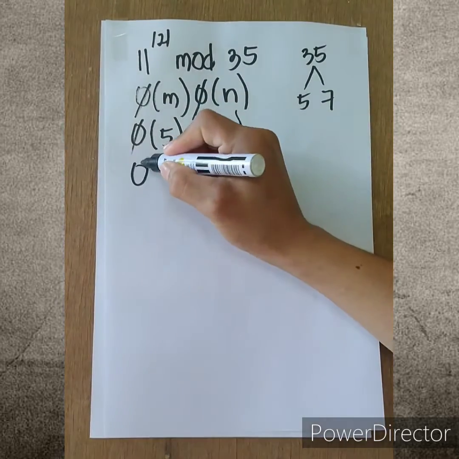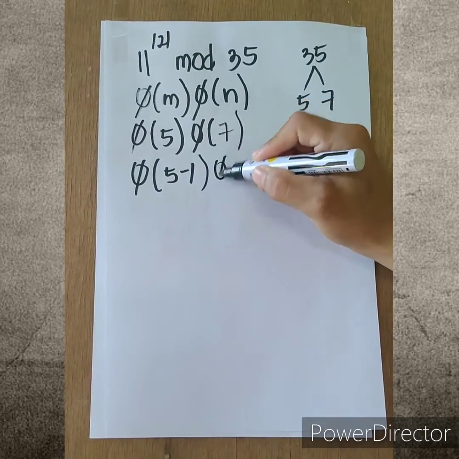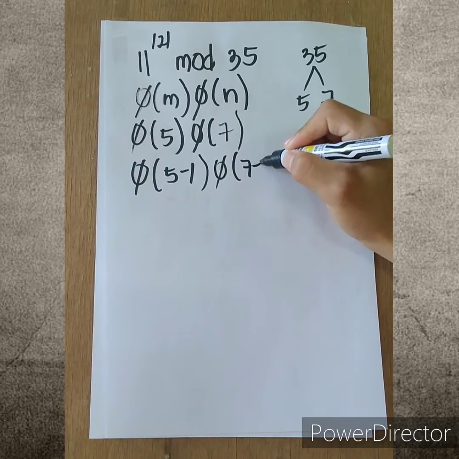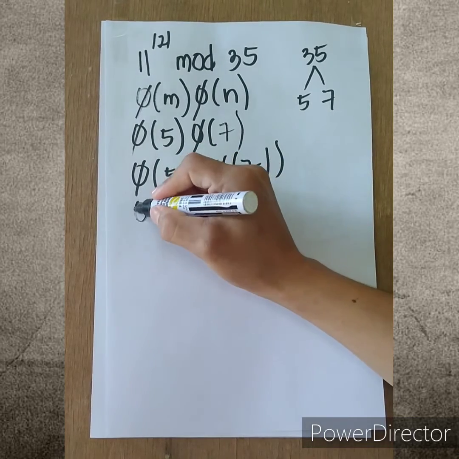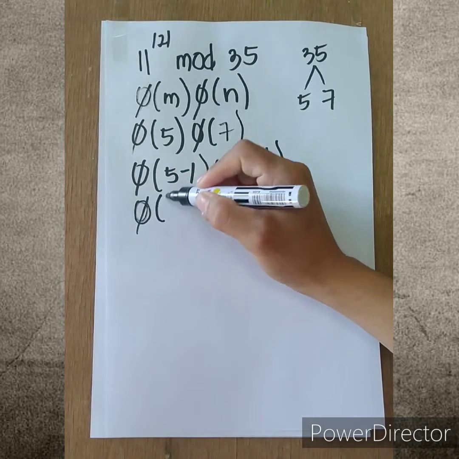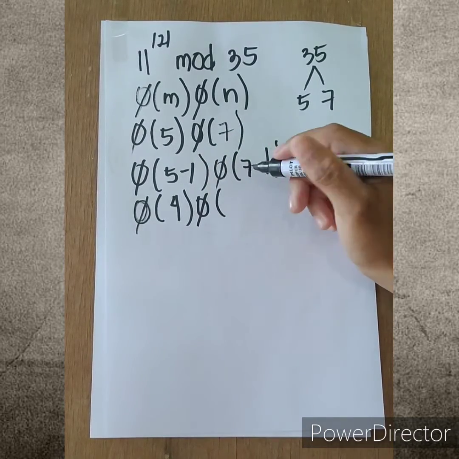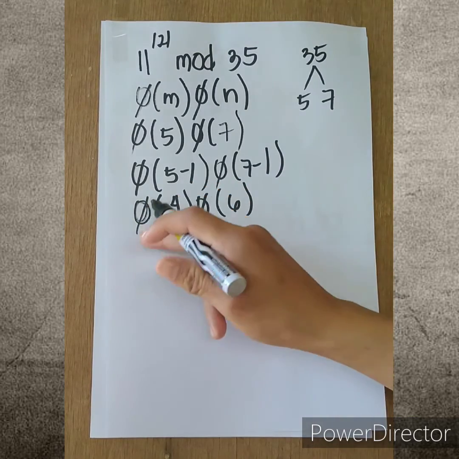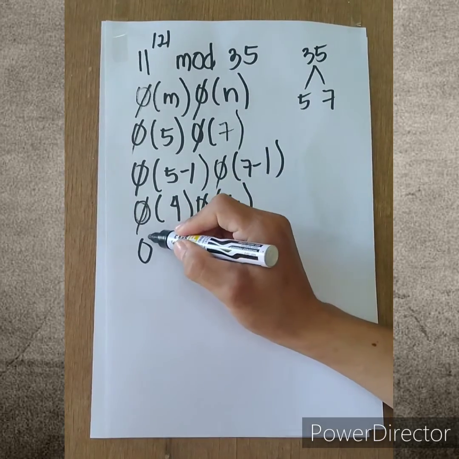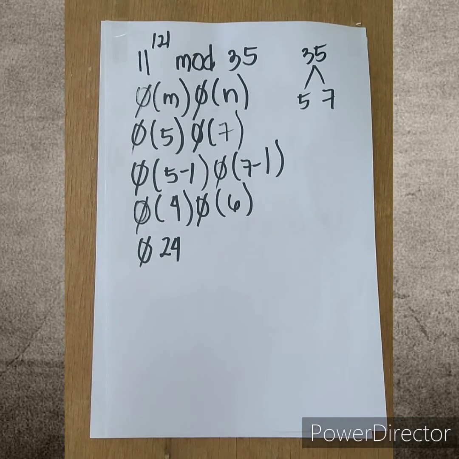So φ(5) is 5 minus 1, which is 4, times φ(7), which is 7 minus 1, which is 6. So φ(4) times φ(6) is equal to 24. So we will use again 24 in our given.